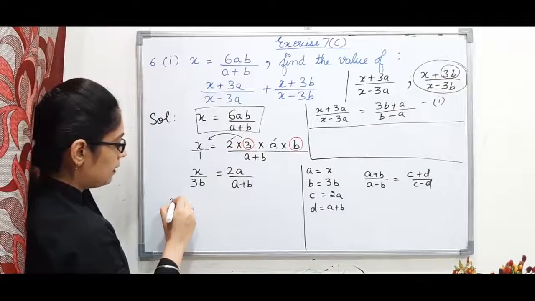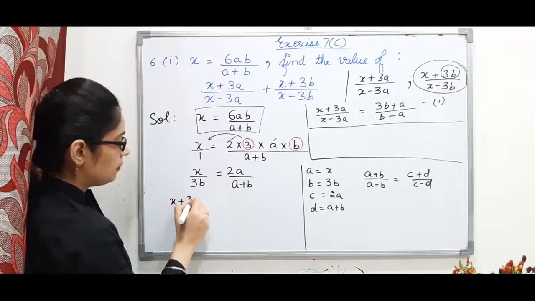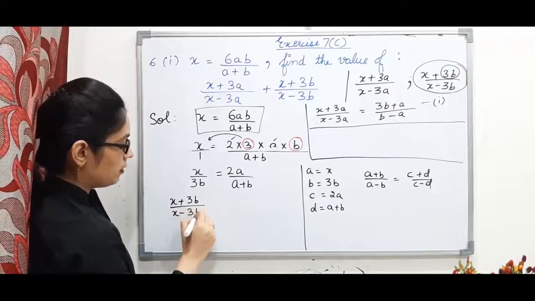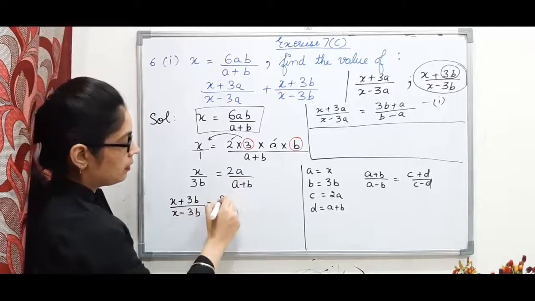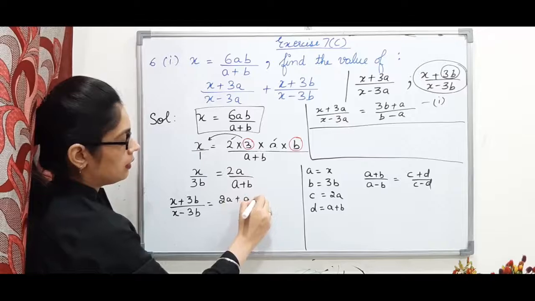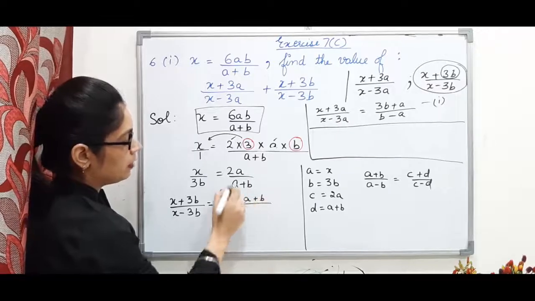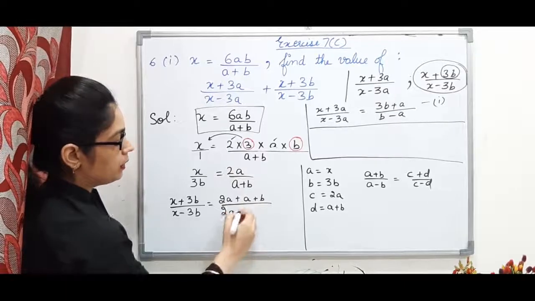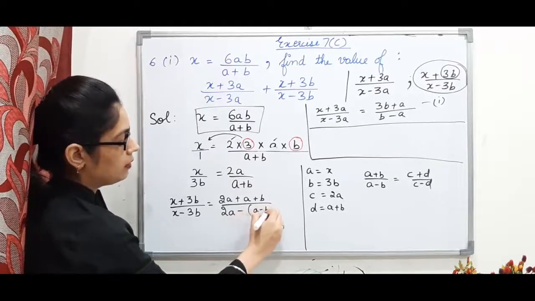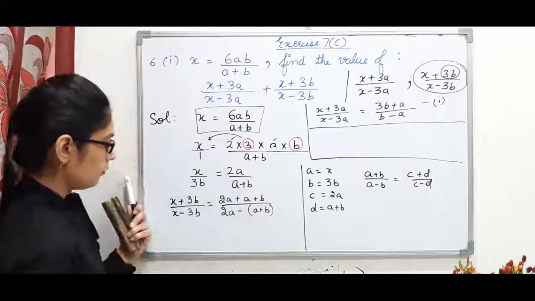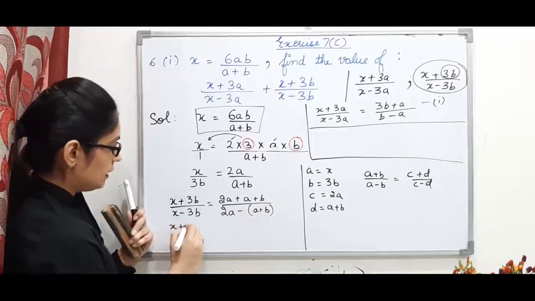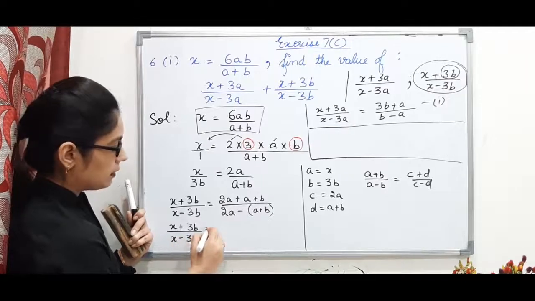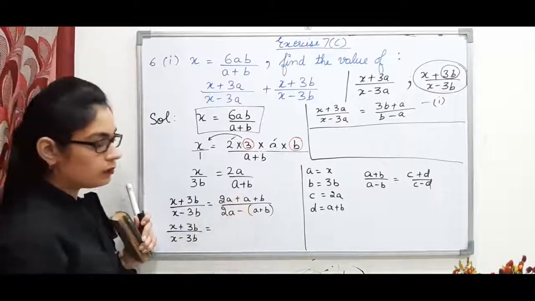So let's apply. A is x plus 3b, so a plus b, a minus b. Same here, c plus d, where c is 2a and d is a plus b, then c minus d, which is 2a minus a plus b. So x plus 3b upon x minus 3b is equal to, here like terms we can solve.